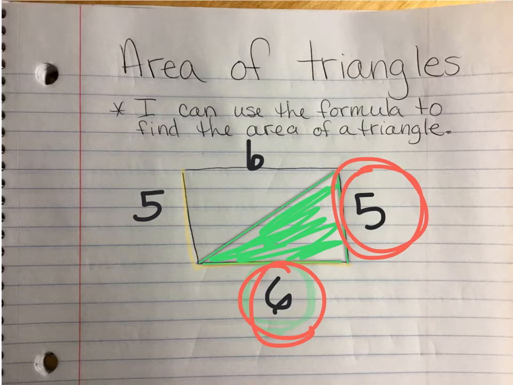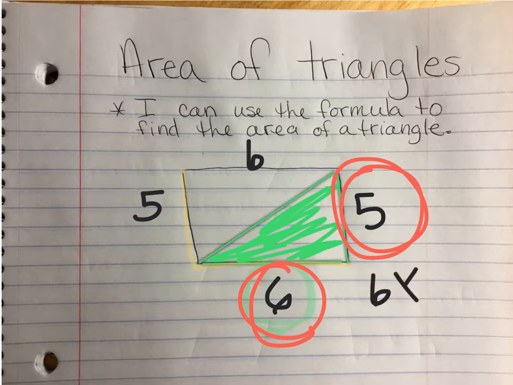But if I multiply them, remember I'm going to get all of this space, and I only want the part that's in green. So I'm going to multiply them, and then I'm going to divide by 2, which is the same thing as multiplying by a half.